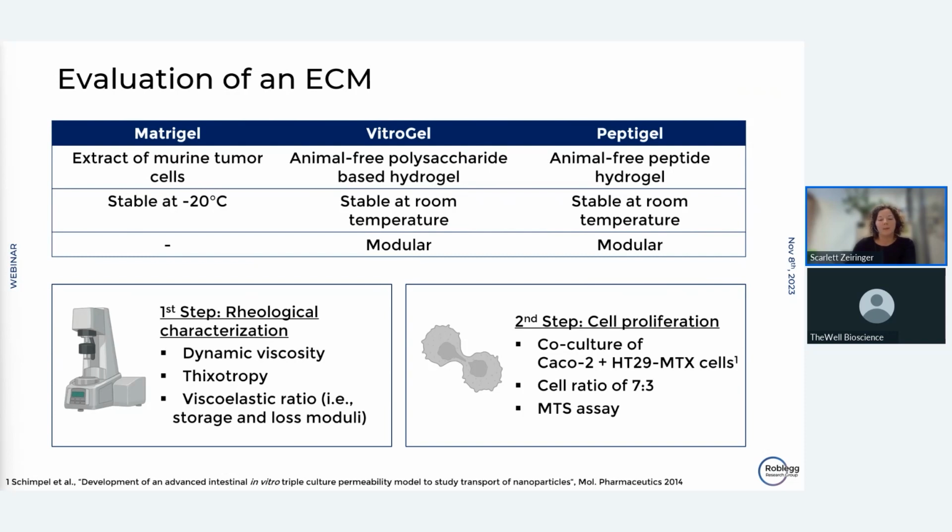This was followed by studying their effect on the cell growth of the co-culture CACO2 and HT29-MTX cells. Therefore, these cells were cultivated in a cell ratio of 7:3 in Transwells, and on the gels, as previously shown by our group. After 7 days of cultivation, cell proliferation was studied using an MTS assay.